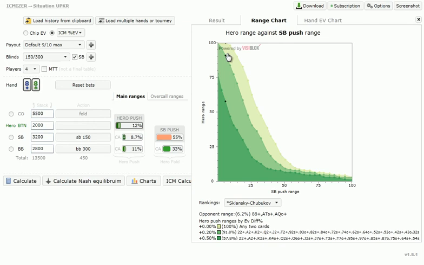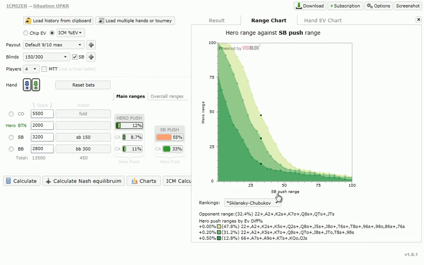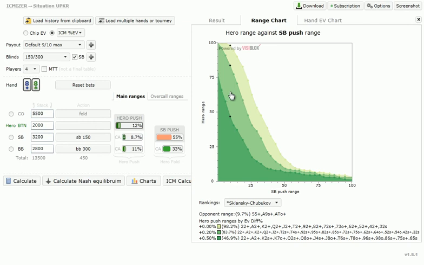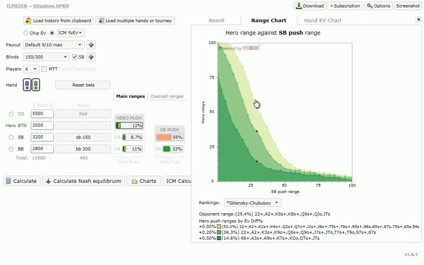On the x-axis is the small blind pushing range. If he's not pushing wide, for example, if he's pushing only 22% of hands, we can see that hero can push 72% of hands. But as the small blind's pushing range becomes wider, we can see that we are actually becoming tighter, because it makes more sense for us to fold.